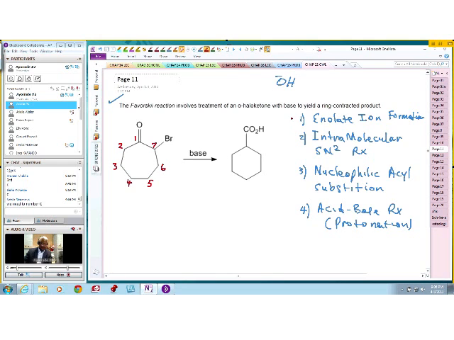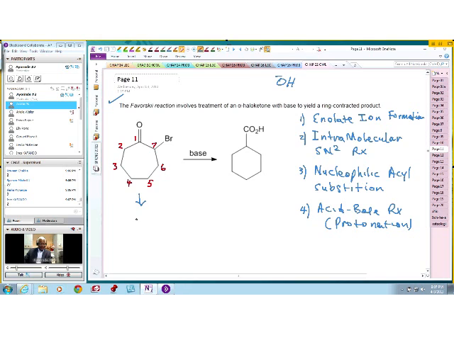Just give me the number. Okay, no, 7 is not right, because look at step 2. Look at step 2, because that will give you a guide as to what step 1 should be. So somebody said you form the enolate ion here. That is correct. You form the enolate ion on carbon number 2.